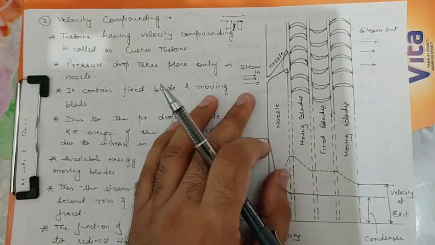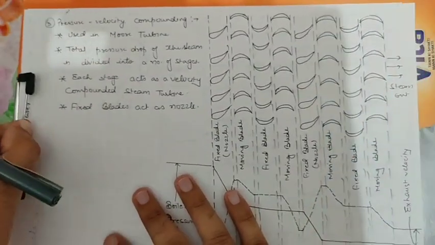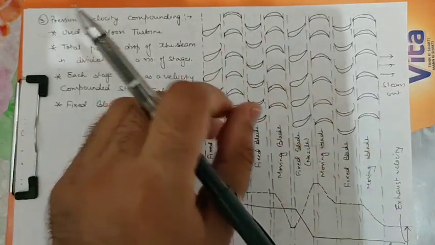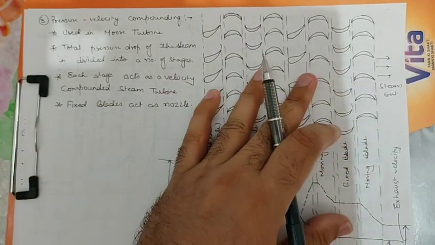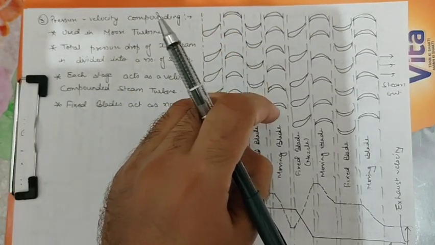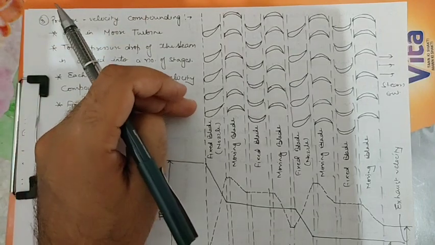Now we are going to discuss velocity pressure compounding, or we can say pressure velocity compounding. In this type of compounding, we combine the velocity compounding as well as pressure compounding.